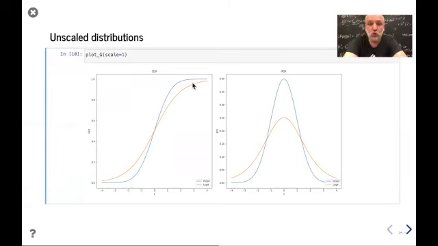So we see here that the CDF of Probit is much steeper. It looks even more like the indicator function compared to the logit CDF.